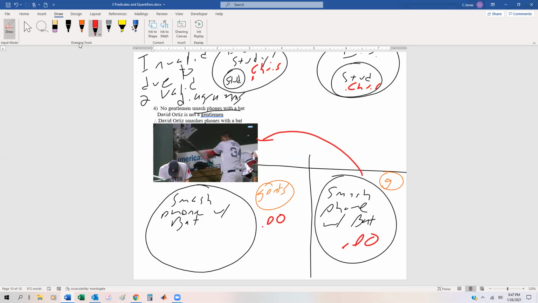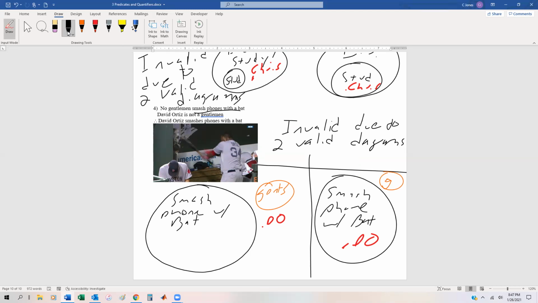All right, not saying that he is, although the picture does say that. And so once again, similar to the previous instance, we have two possible and also two valid instances that kind of contradict one another. All right, so what we can say is that this is invalid due to two valid diagrams.